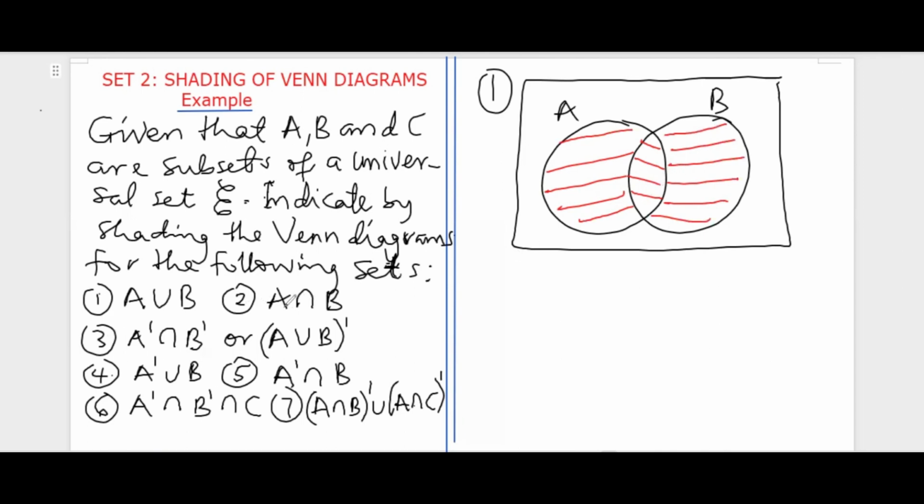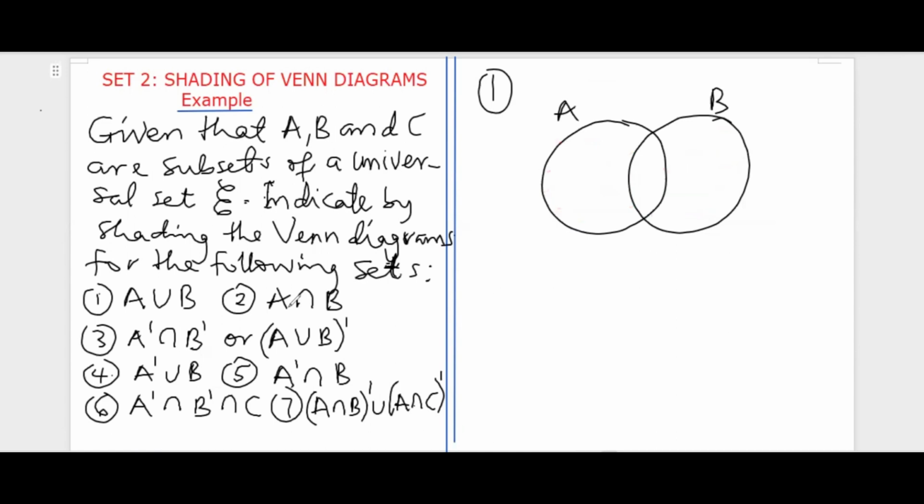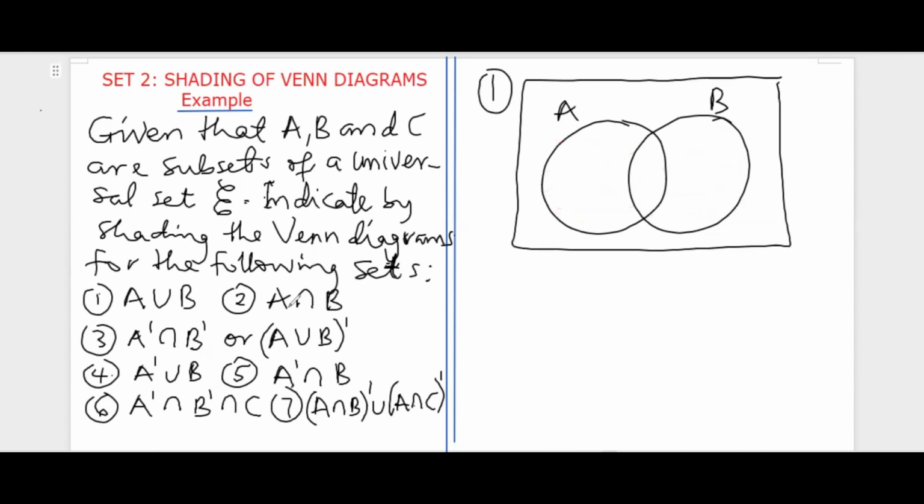So we move on to the second one, A intersection B. To shade for A intersection B, so we are still on this. That's number 2.